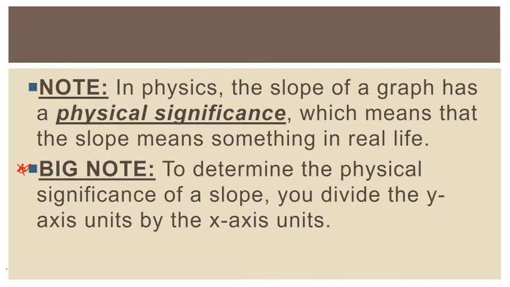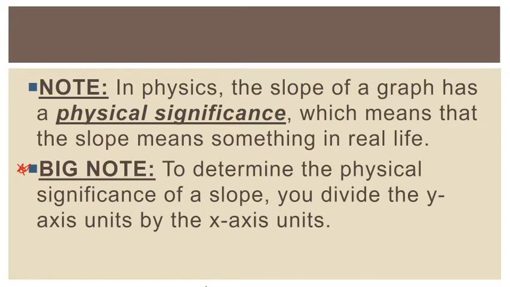So if we find the units of a slope, and the units of the slope happen to be meters, then that tells us that the slope represents the distance or displacement, because only those variables are measured in meters. And that's the idea.